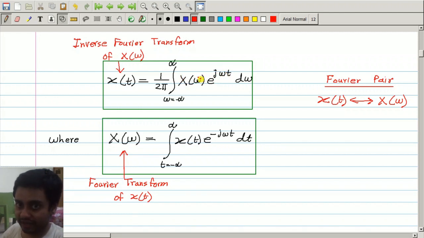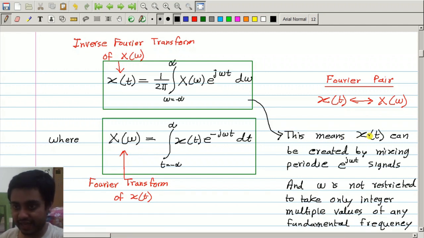X omega is defined for a continuous range of omega, not necessarily only for integer multiples of a fundamental frequency. Here capital X omega is defined for any fractional value of omega, and therefore we are mixing e to the power j omega t for any fractional or integer or any type of value of omega. So this means that xt can be created by mixing periodic e to the power j omega t type of signals, even when xt itself is aperiodic.